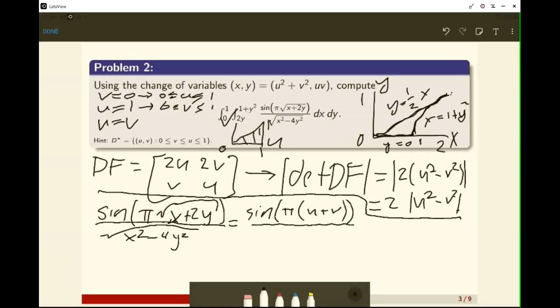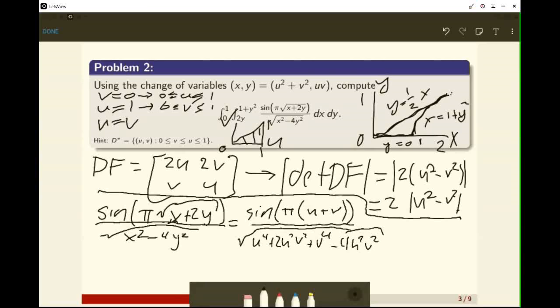And similarly, the denominator here, x squared, this one I'll write out in two steps because it's a little bit more complicated. x squared is u squared plus v squared squared, and so we get u to the fourth plus 2u squared v squared plus v to the fourth, and then we're subtracting off 4 times uv squared, so 4u squared v squared, under the square root.